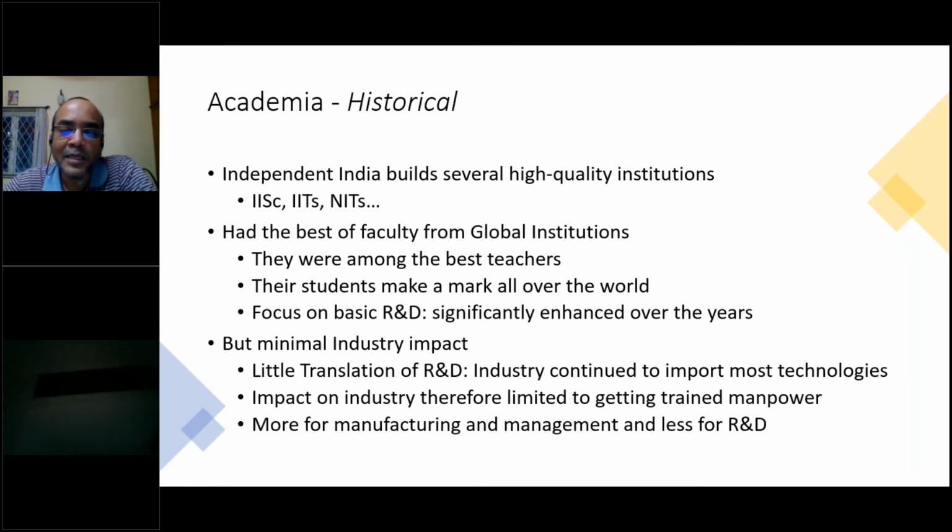And essentially, industry has relied on the manpower that comes out of these academic institutions. The engineers have played a great role from a manufacturing perspective, as well as from a design perspective. The impact has been very minimal, especially because the technology is imported, and it's more manufacturing and management and less from an R&D perspective. So the industry impact from the academia has been really minimal all along.